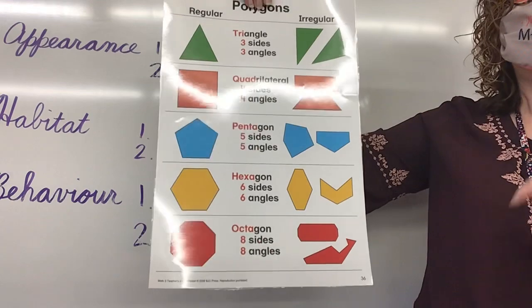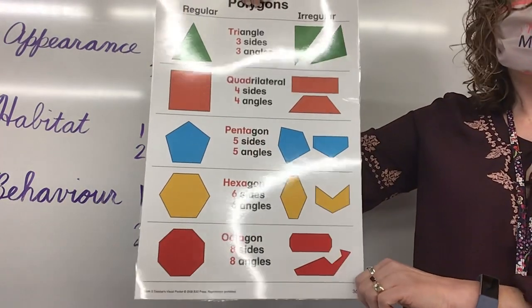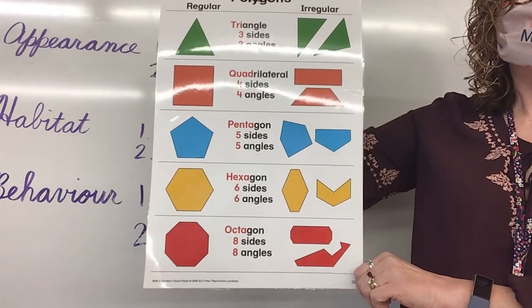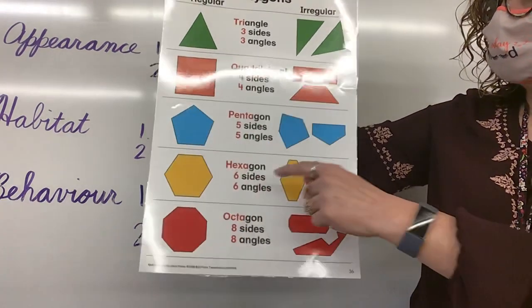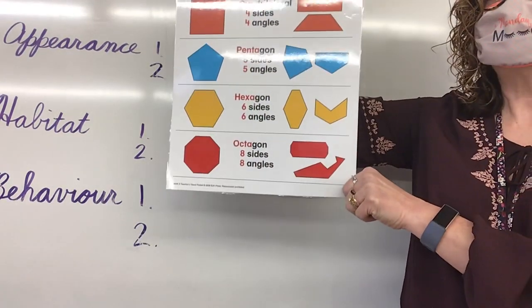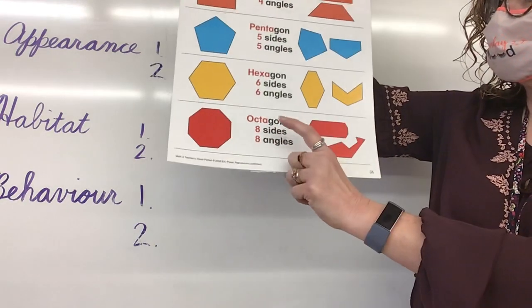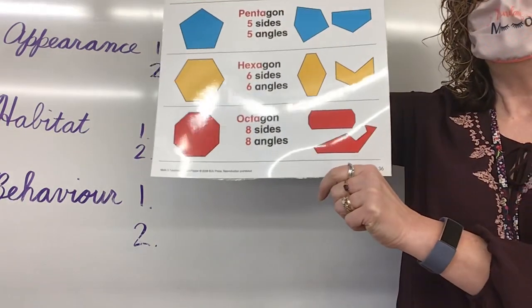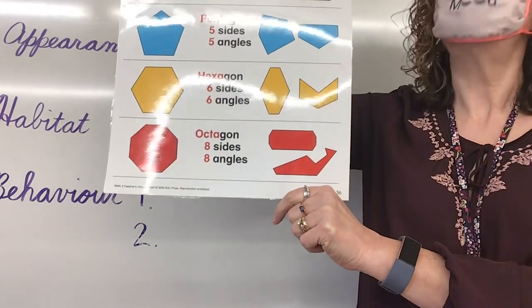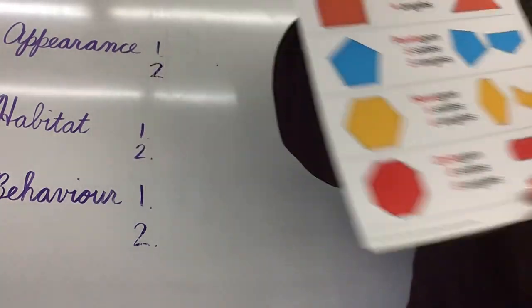The pentagon had five sides, five angles, five vertices. Eyes on the chart, please. Hexagon had six angles, six sides, six vertices. Sorry, I said it out of order, didn't I? And the octagon had eight sides, eight angles, and eight vertices.